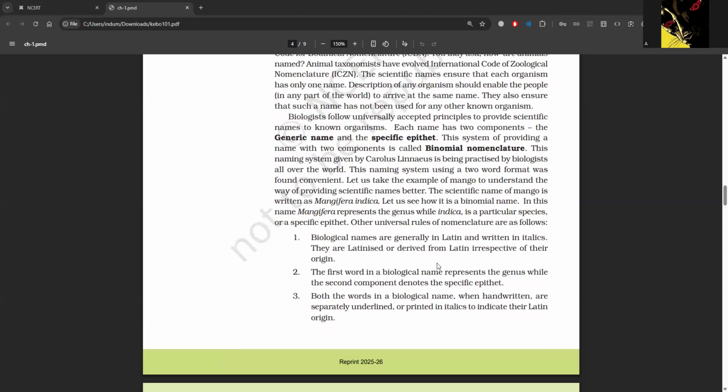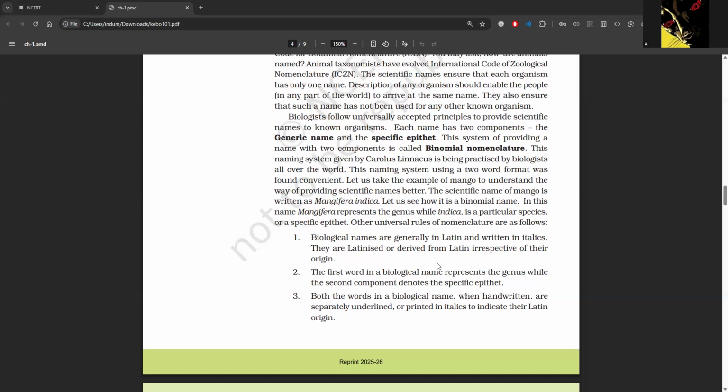Each name has two components, the generic name and the specific epithet. This system of providing a name with two components is called binomial nomenclature. This naming system, given by Carolus Linnaeus, is being practiced by biologists all over the world. This naming system, using a two-word format, was found convenient.